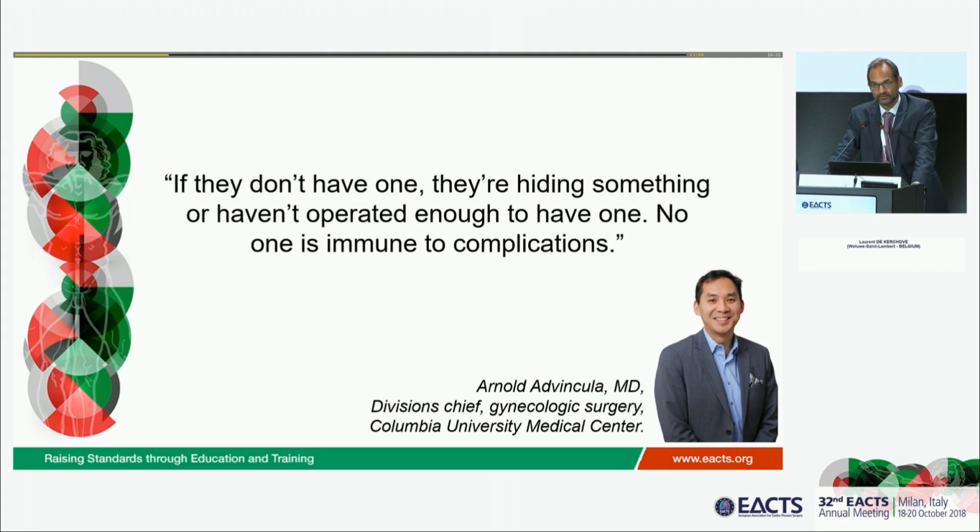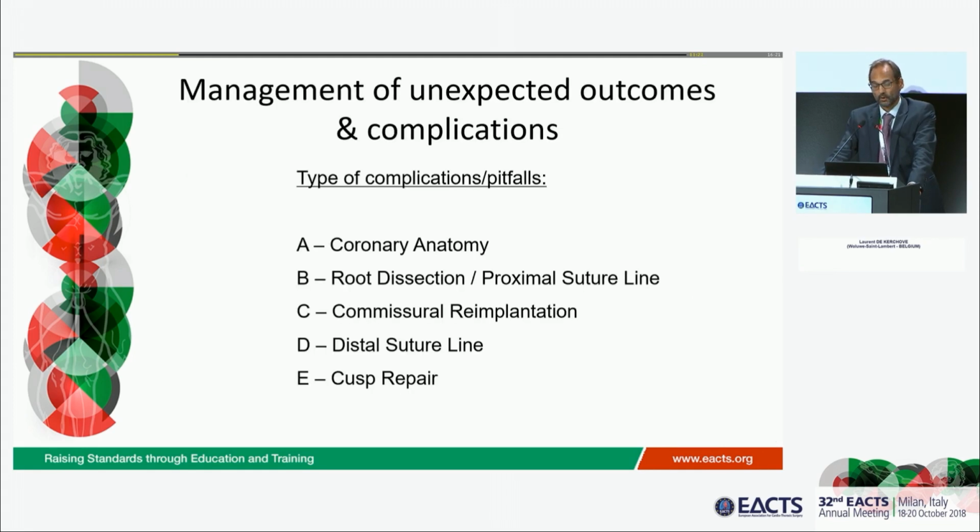Now, for any kind of surgery, especially if you have a big activity, no one is immune of complication. So you have to be prepared for that. And I tried to compile all the possible complications and pitfalls you can encounter in valve sparing surgery here.